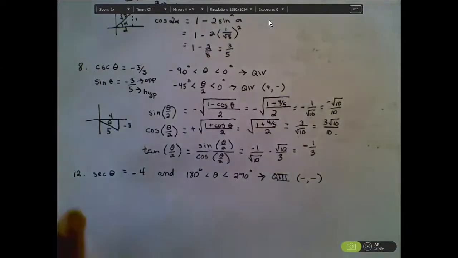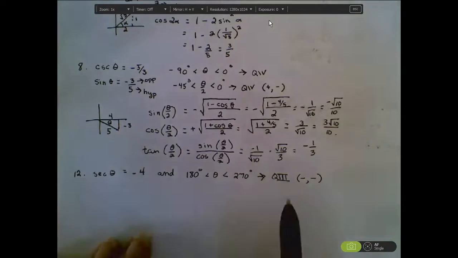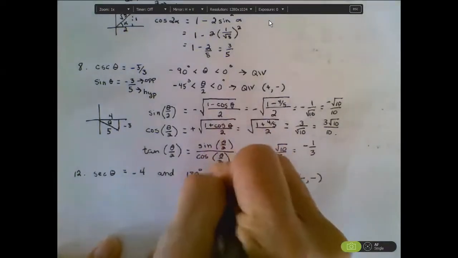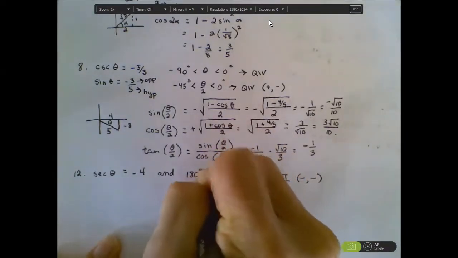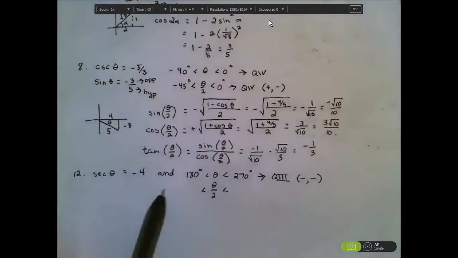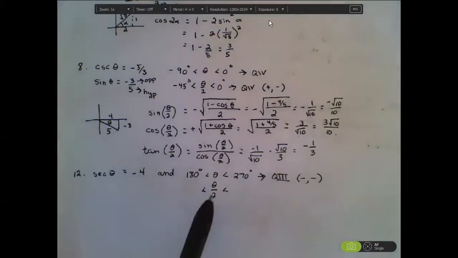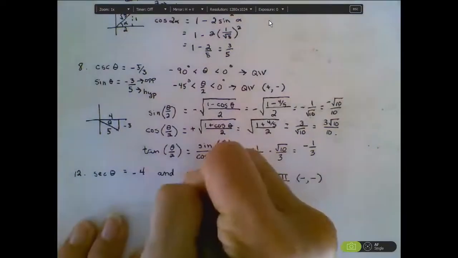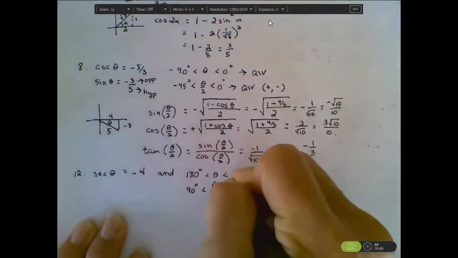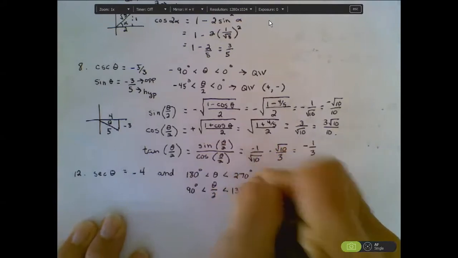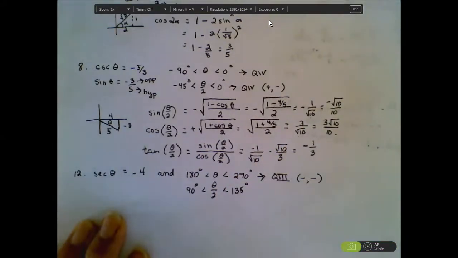So when I draw this third quadrant angle, I'm going to make sure to label both my x and my y negative. But theta over 2 is not in quadrant 3. If theta is between 180 degrees and 270 degrees, what's theta over 2 between? 90 degrees and 135 degrees, which isn't quadrant 3 now.